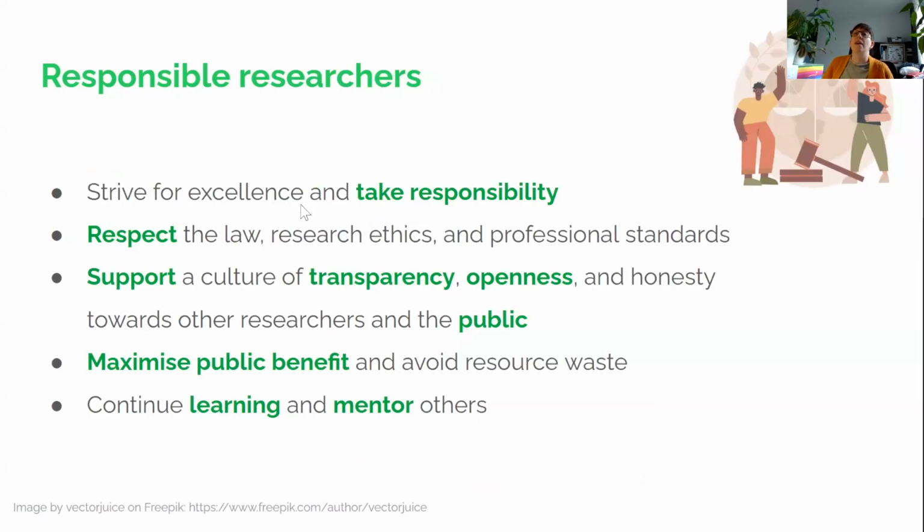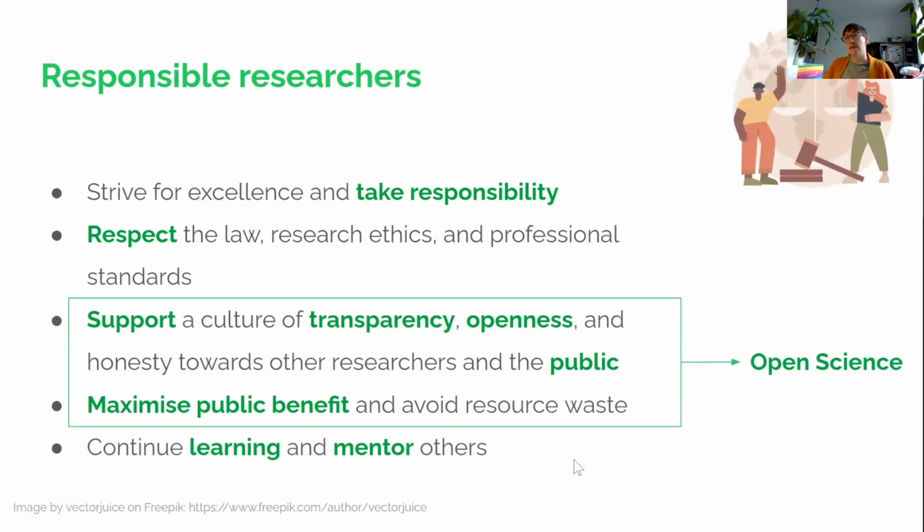One would say they strive for excellence, take responsibility, respect the law, research ethics, support... So this is where a lot of you have talked about open science. So they support a culture of transparency, openness, and honesty towards researchers and also the public, maximize public benefit, and continue learning and mentor others. This is a big thing for OLS as well. So this last bit is where we would fit the concept of open science in general.